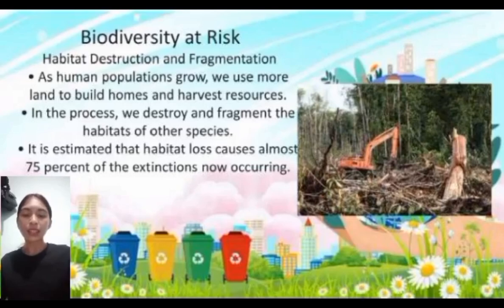It is estimated that habitat loss causes almost 75% of the extinction now occurring. Humans clear forests and natural land for development and agriculture. This destroys the homes of plants and animals and makes it difficult for them to find food, mates, or shelter. Losing their habitat is the biggest reason many species are disappearing today.